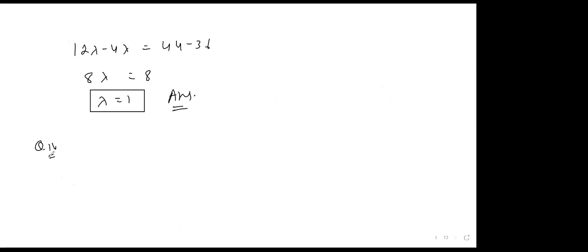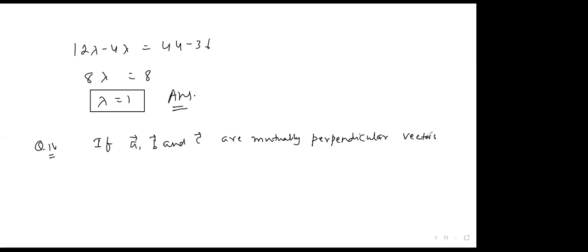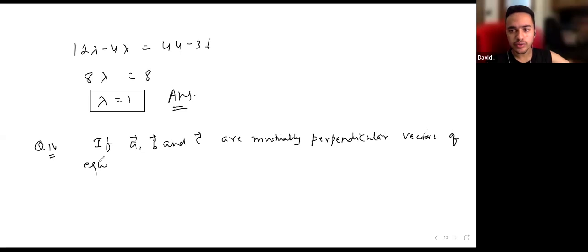If A, B, C are mutually perpendicular vectors, that is, A vector, B vector and C vector are mutually perpendicular vectors of equal magnitude.